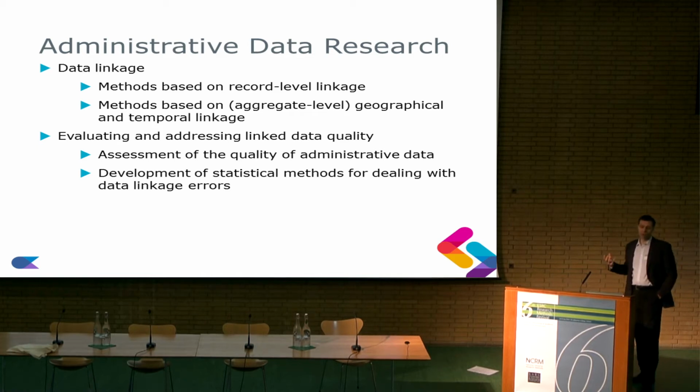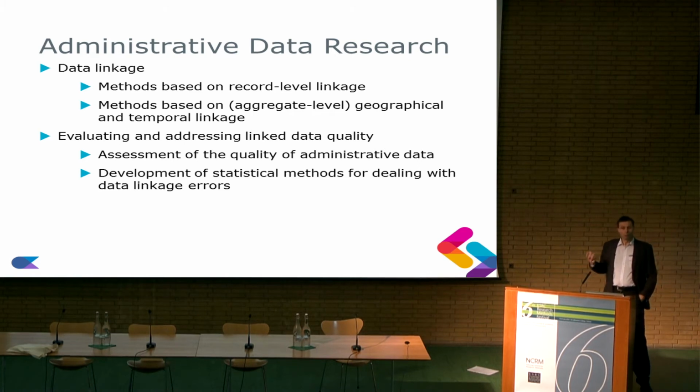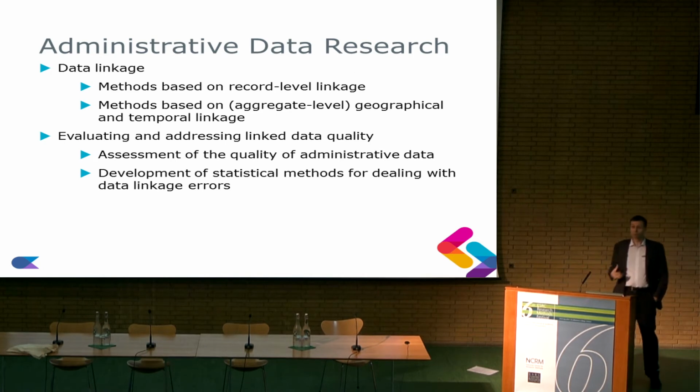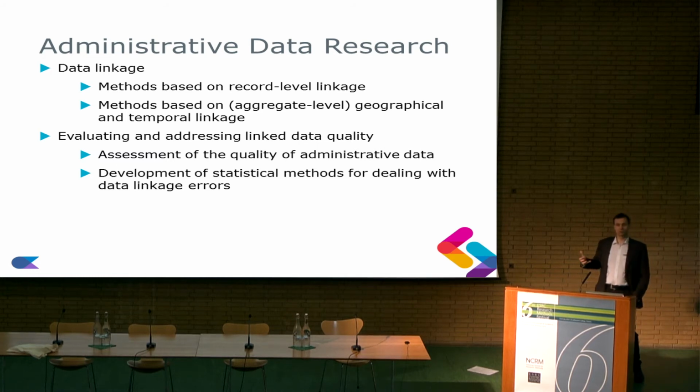Another area is looking at assessing. So once the data has been linked, one is how can you assess the quality of that linked data set? Can you find gold standards perhaps to do some linkage and then have a gold standard to see how well the linkage is done? And acknowledging that there will be linkage errors, how can you take linkage errors into account when fitting statistical models?